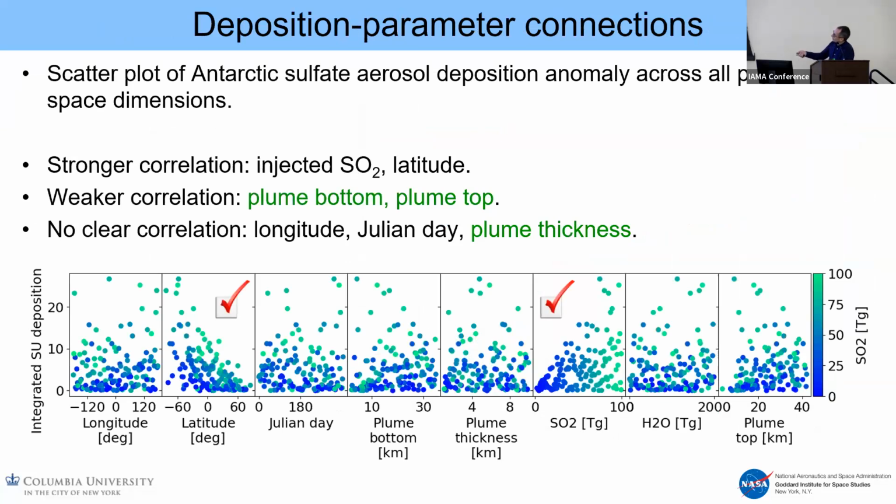The brighter colors, meaning a lot of SO2 injected, you can separate along the latitude dimension. And then it's also more clear here: the more SO2 you have, all the green points align on the one side and the blue points on the other side, which shows some correlations like that.